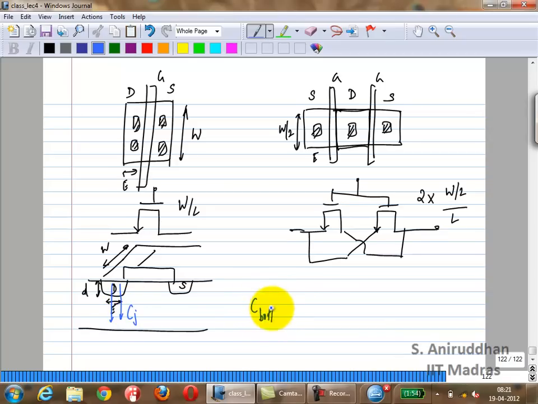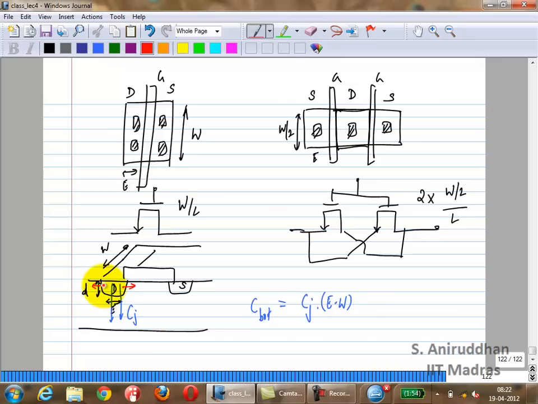So I'll call that the bottom. What else? You also have the side walls. You also have capacitance like this. What does that capacitance depend on? It depends on the perimeter, because the distance d is actually fixed for a particular process.